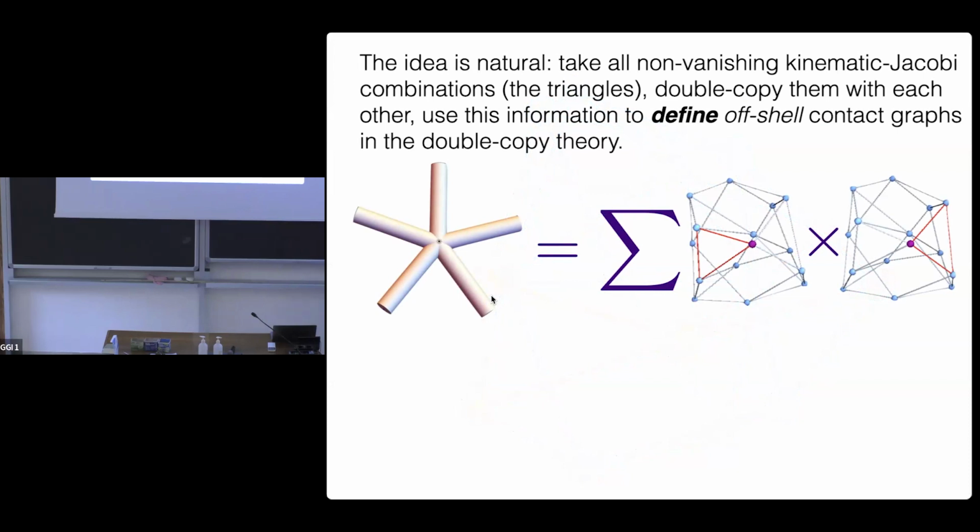But if you don't satisfy Jacobi and you just naively square, you've got missing pieces. Those missing pieces are entirely given to you by this square of violations of Jacobi. And it's simple enough that I can just take you through the 3-loop example and still not eat too much into the coffee time.